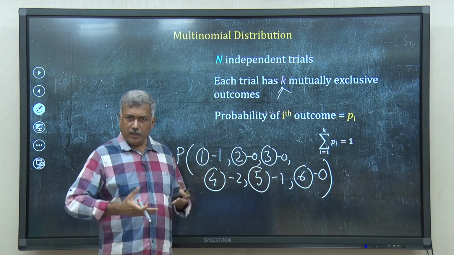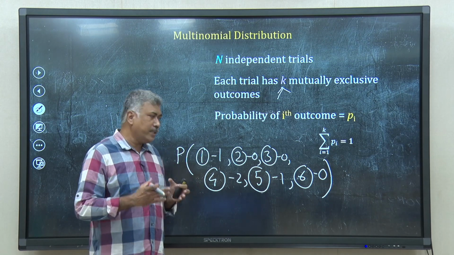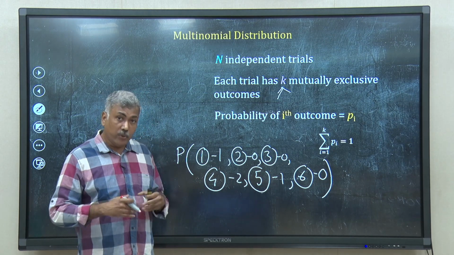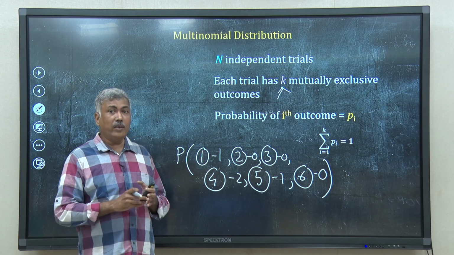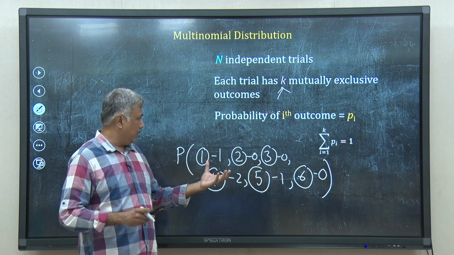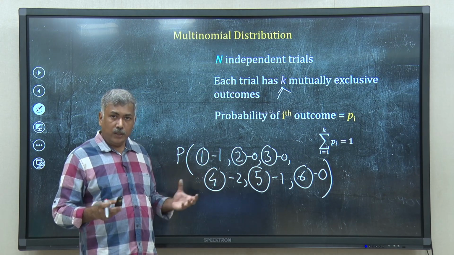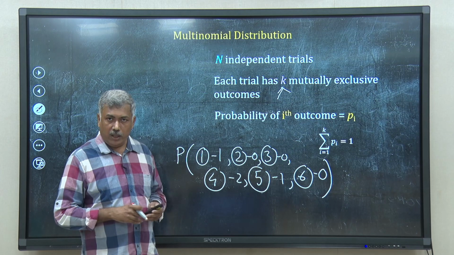I have thrown the dice 4 times, so obviously I will not get all the faces, right. So I am asking you that, okay, I have thrown it 4 times and I want to know the probability of getting 1 coming up once, 4 coming up twice, and 5 coming up once. 2, 3 and 6 do not appear in these 4 throws. So I want to calculate the probability of that.